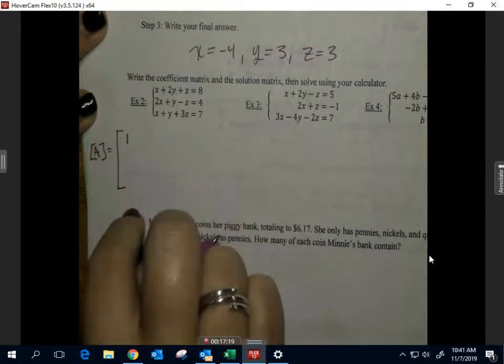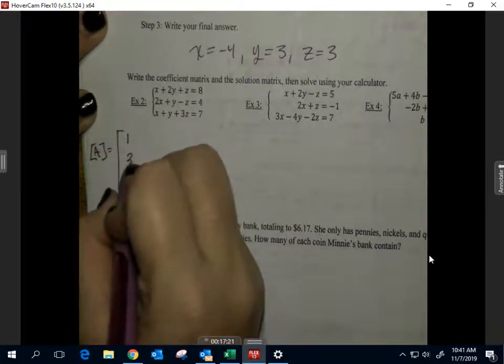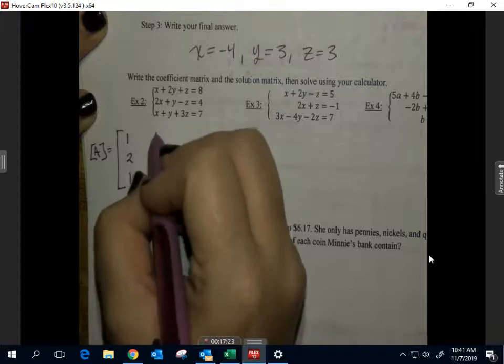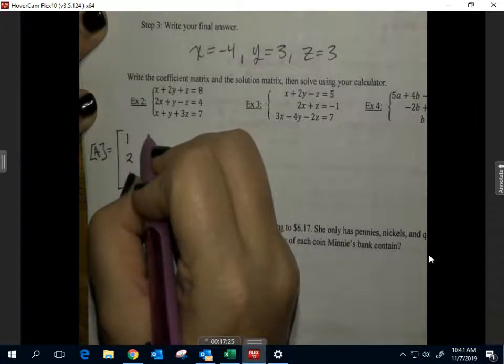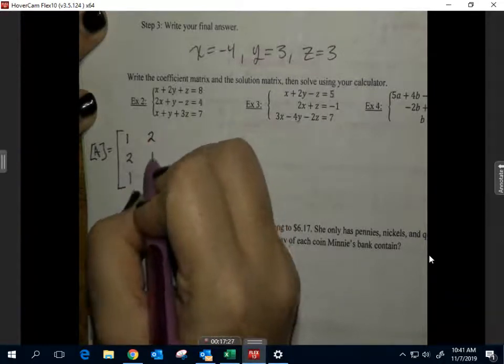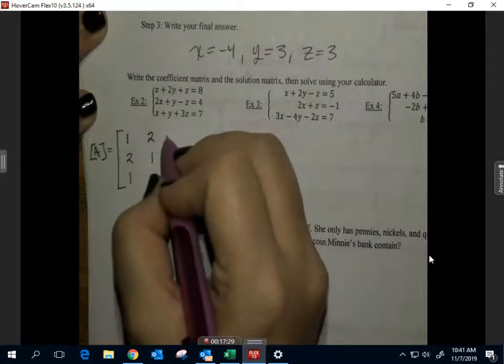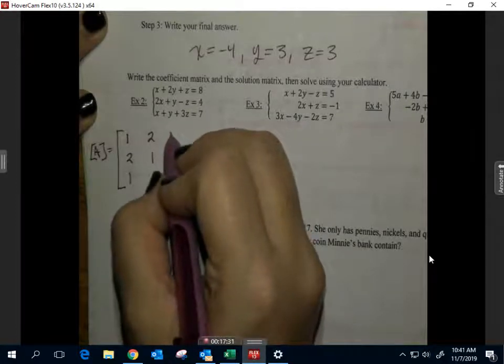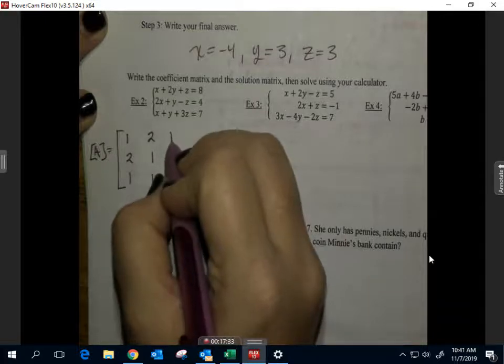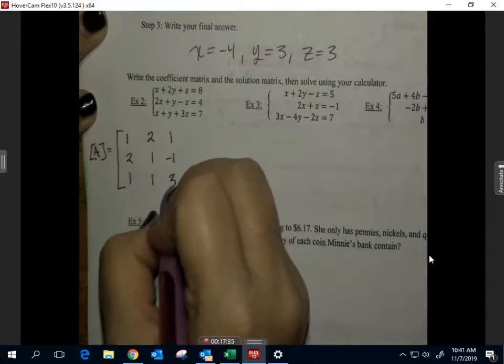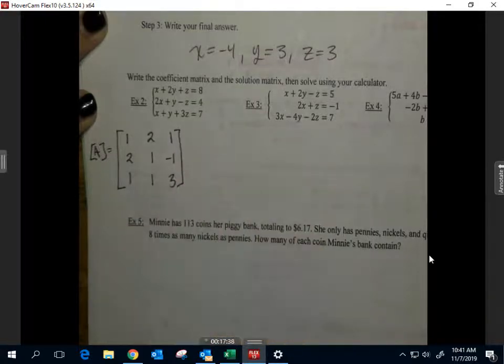So what's our coefficient of X? 1, 2, 1. Coefficients of Y? Coefficients of Z? Negative 1. Very good. 3. Very good. So there's our coefficient matrix.